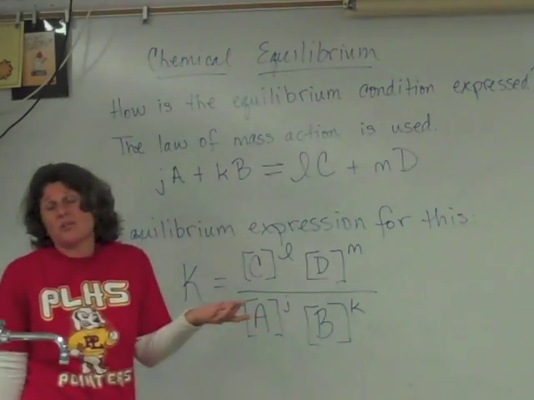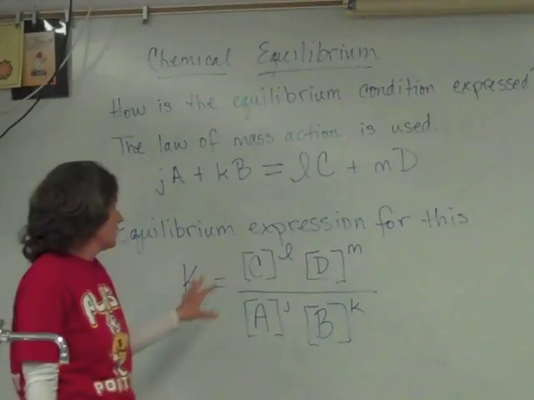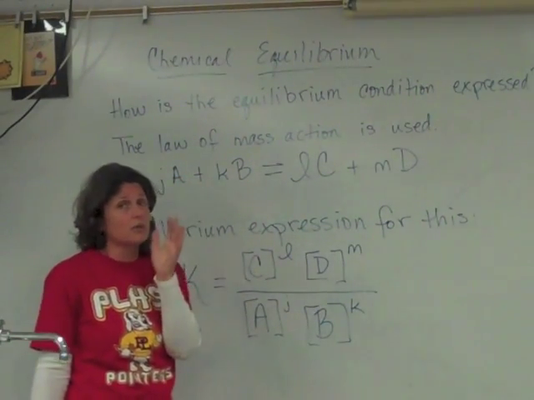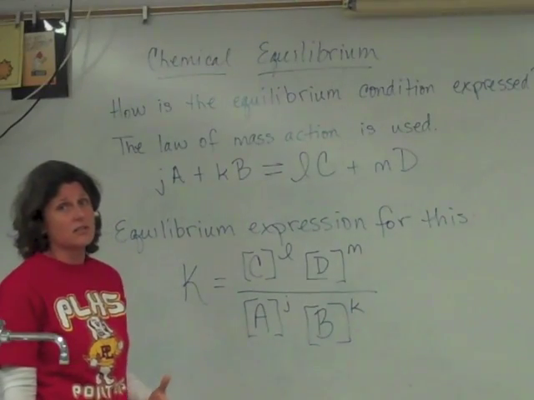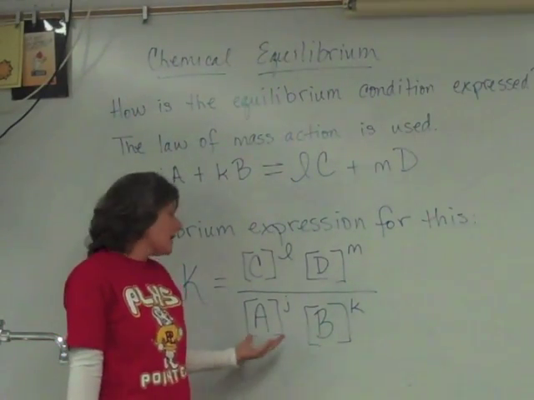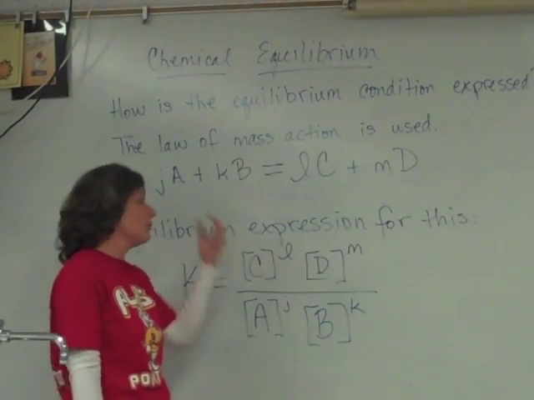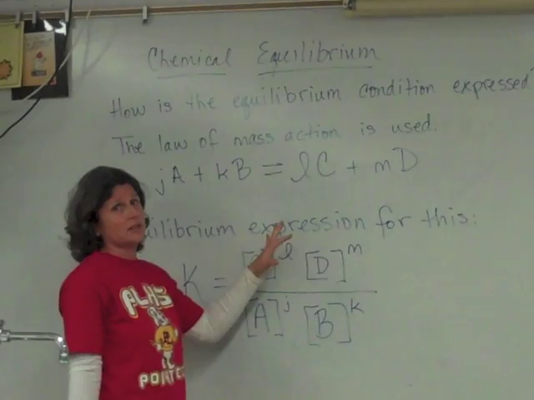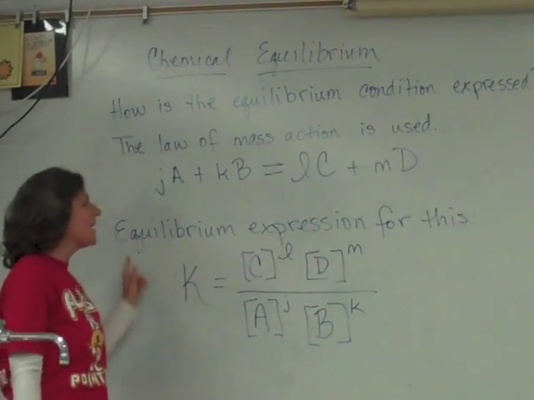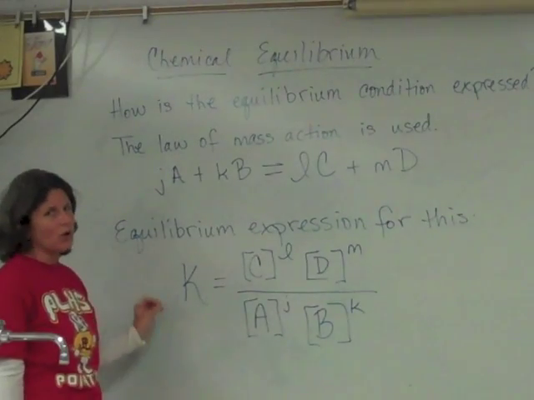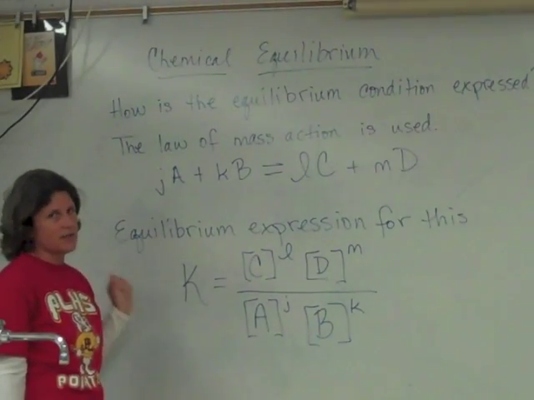Depending on how much we start with, the concentrations at equilibrium aren't necessarily the same, because if we start with more reactant in terms of concentration, we'll end up having more or less product, but their ratio at equilibrium will always be the same.